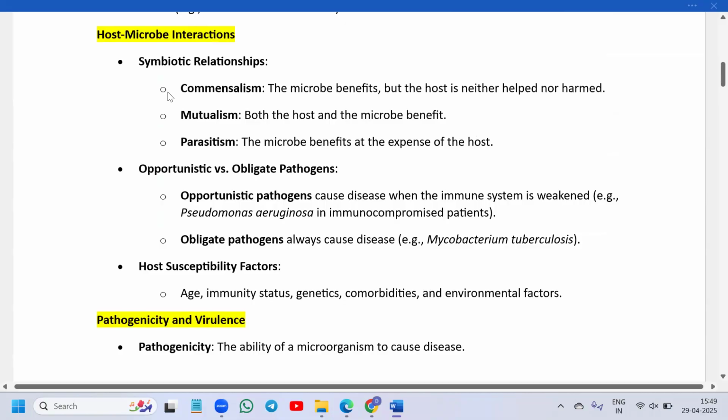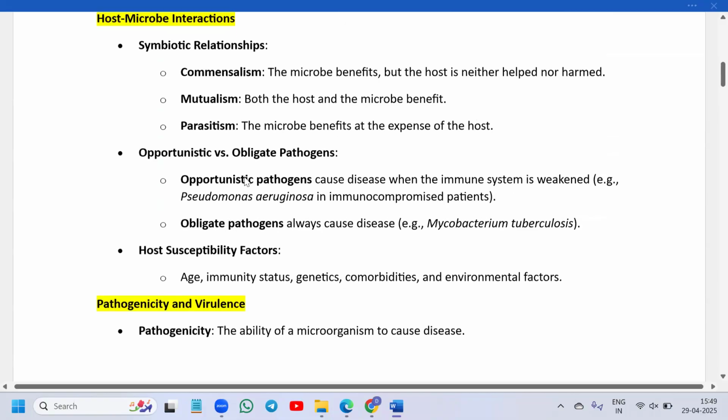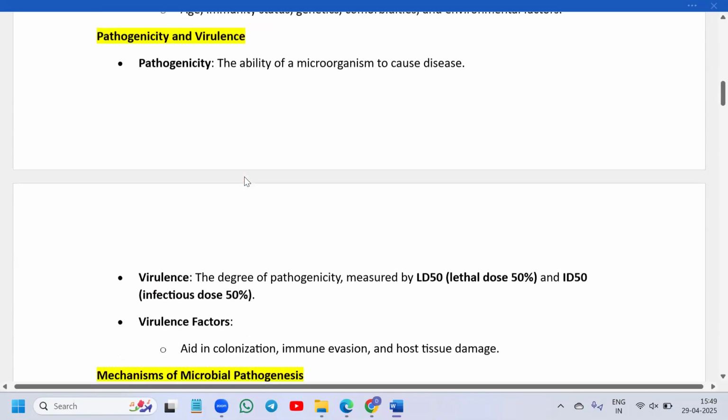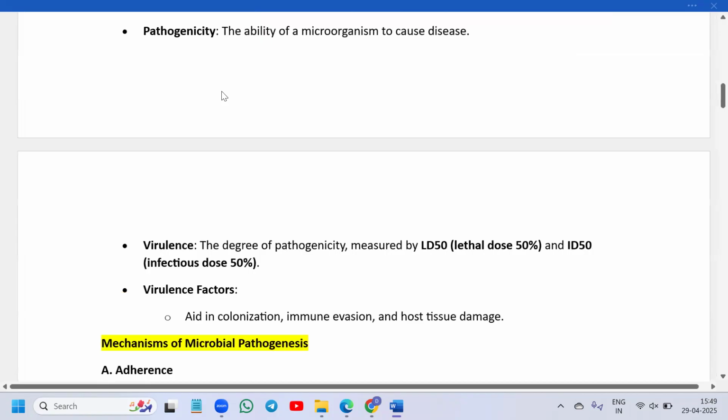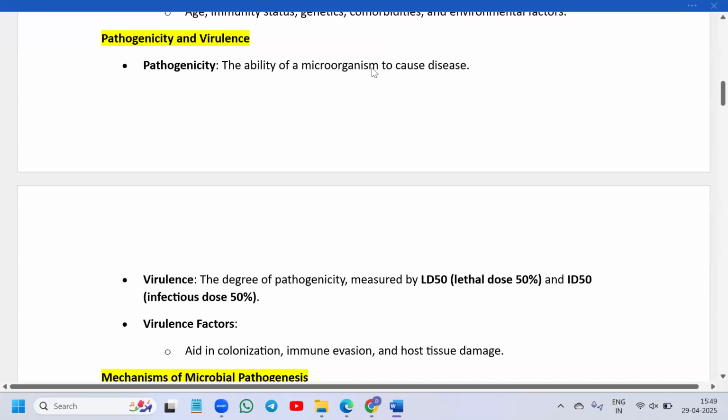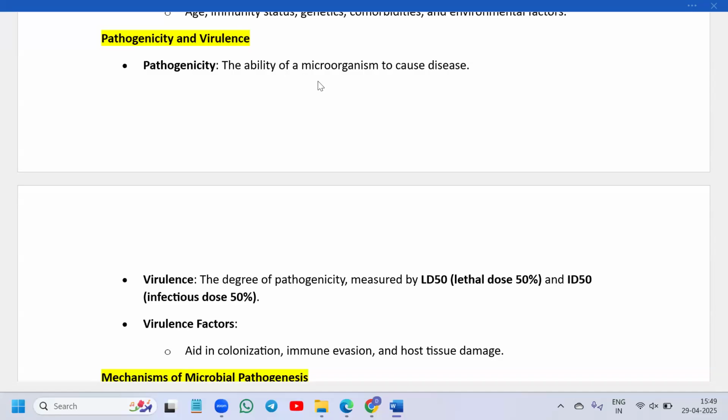So this is about your host microbe interactions. The next is pathogenicity and virulence. What is pathogenicity? The ability of a microorganism to cause disease is pathogenicity. So how effectively the microorganism is going to cause disease, that is pathogenicity. Virulence means what? Degree of pathogenicity. Yes, that is measured by lethal dose 50% or infectious dose 50%.